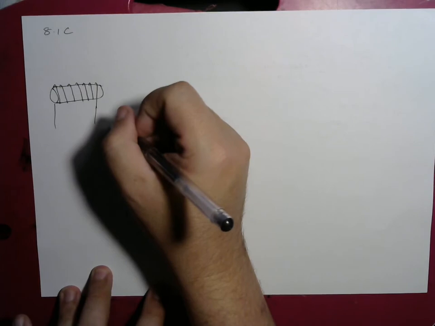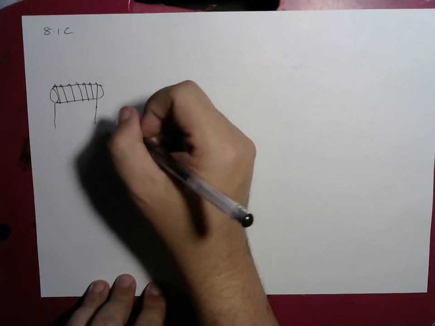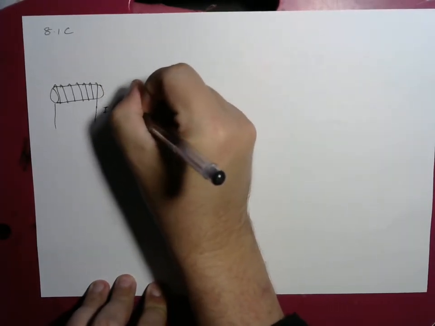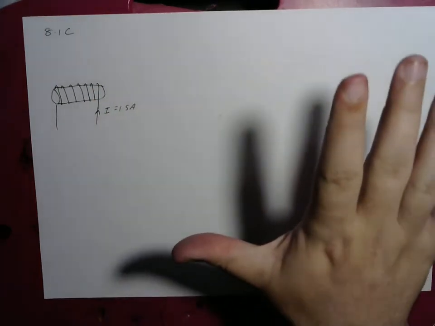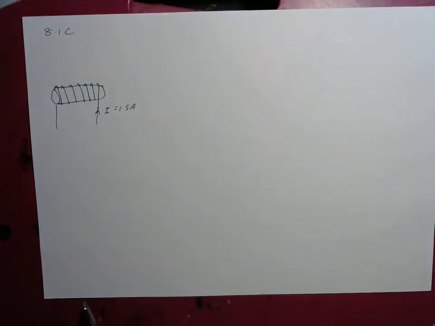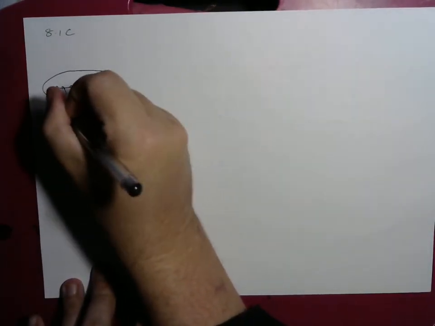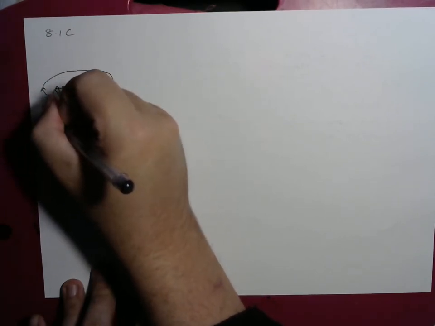Now we don't know which direction the current is going. Doesn't actually matter because we're not caring about the direction of a flux. So I equals 1.5 amps. Let's just assume it's going this way. So if we were to use our right hand coil rule, it's going over the top, and so our field would be coming this way.